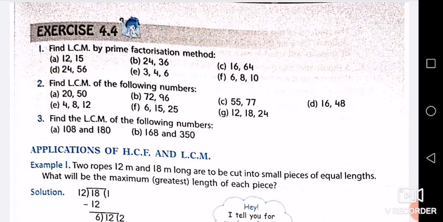A, B and C part we have done yesterday. Right now we will start with D part, that is 24 and 56. We will find out the prime factorization of both the numbers 24 and 56. After that we are going to find out the LCM of both the numbers. So let's begin our question 1.